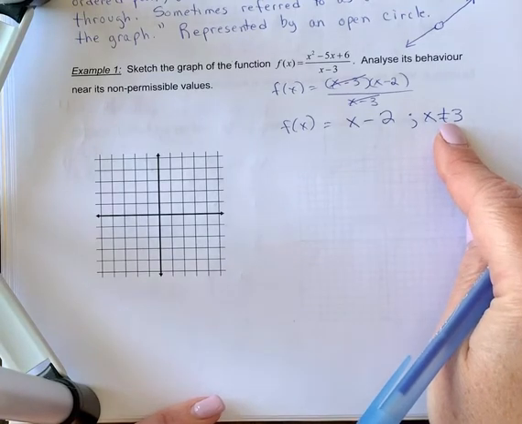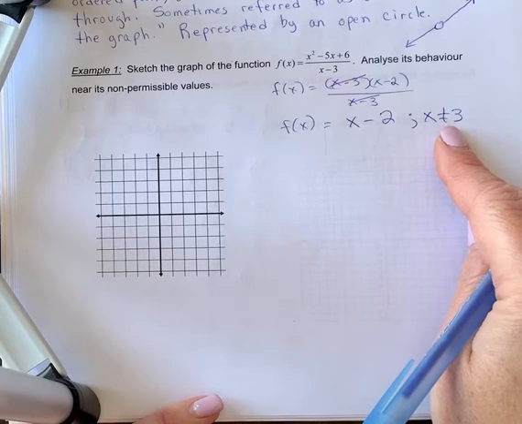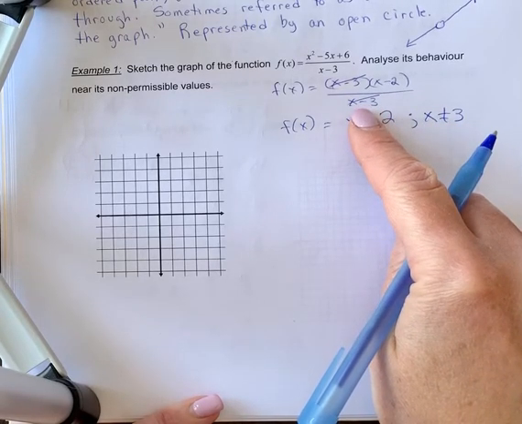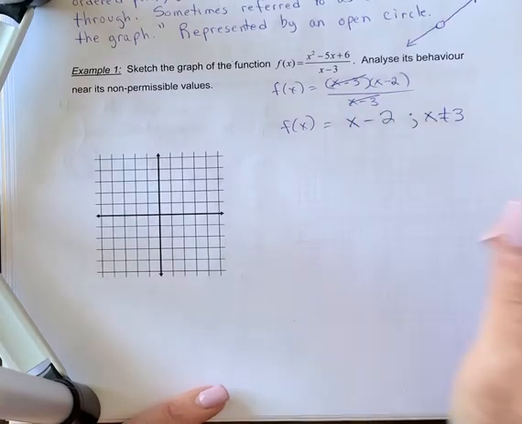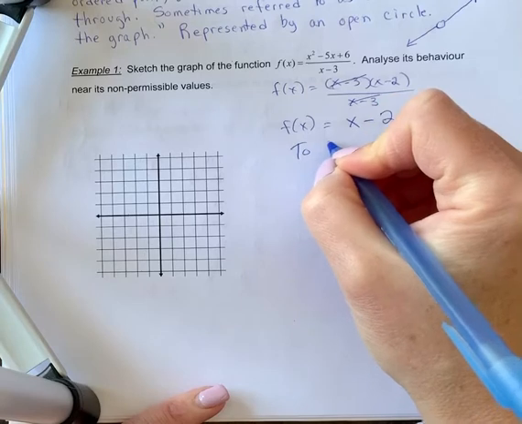So what we're going to do now is find the point of discontinuity. The point of discontinuity is going to occur at the NPV that was canceled out, okay? So let's just say here how to find the y value though.